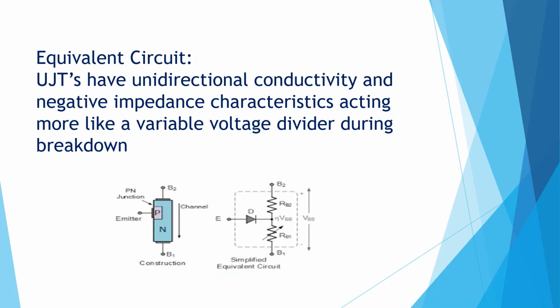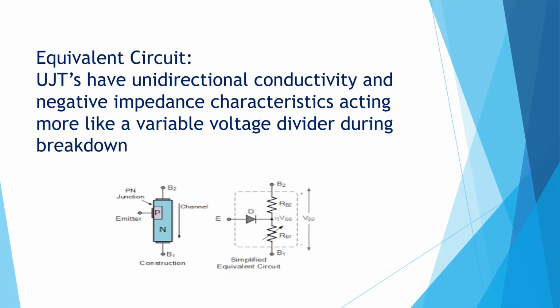There are three terminals, one emitter and two bases, base 1 and base 2, at the top and the bottom of the silicon bar. The emitter leg is drawn at an angle to the vertical and the arrow points in the direction of conventional current when the UJT is in the conducting state.